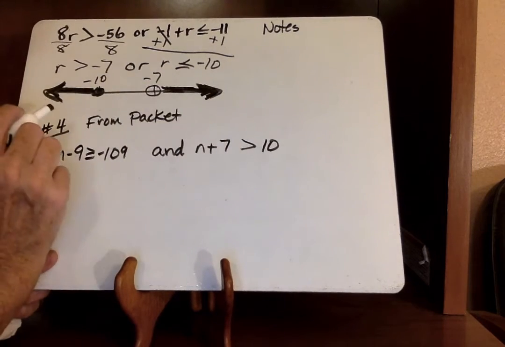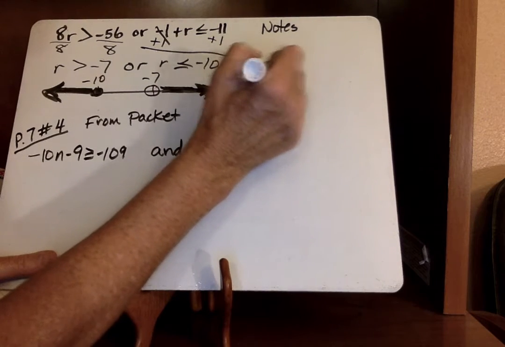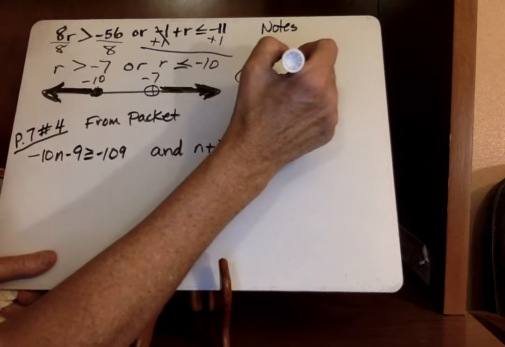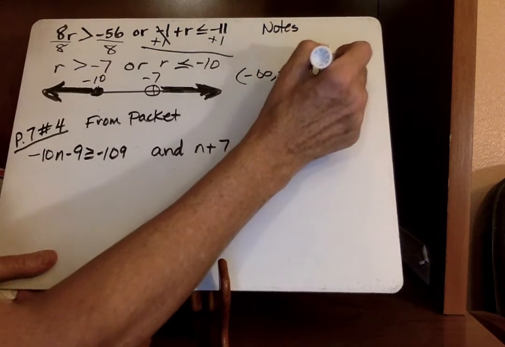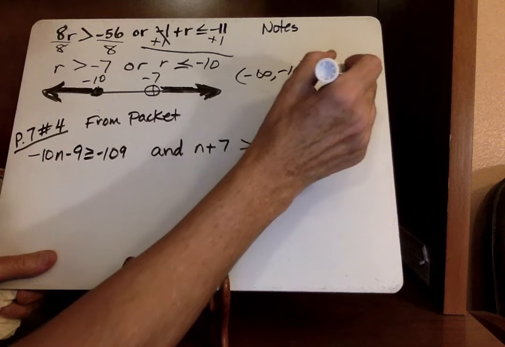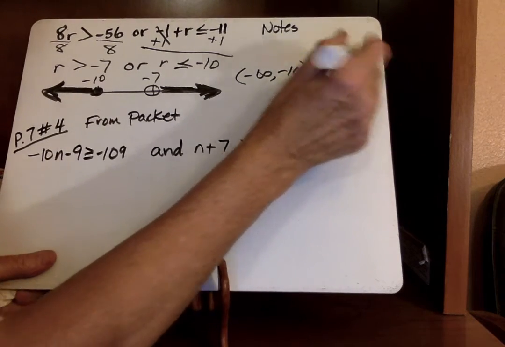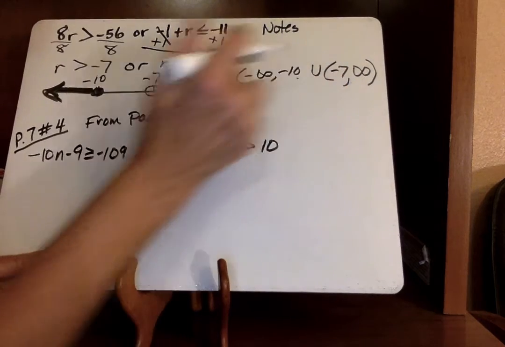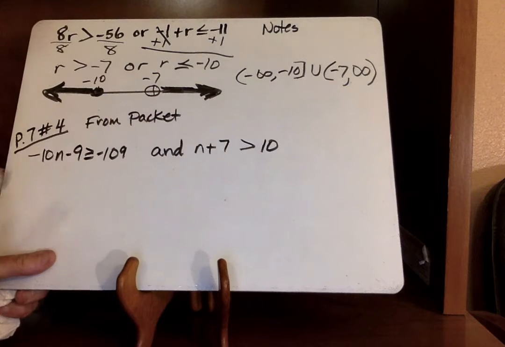So there's our graph, and our interval will be from negative infinity to negative 10, union that with negative 7, comma, positive infinity. And one mistake that I made right here: negative 10 is included, so it needs to be a bracket. Very good if you caught that mistake before I did.